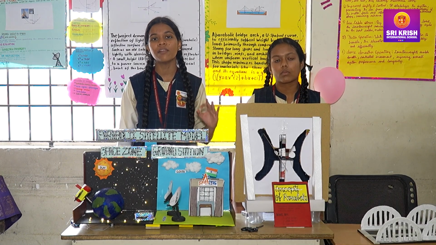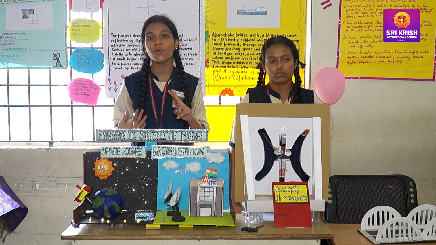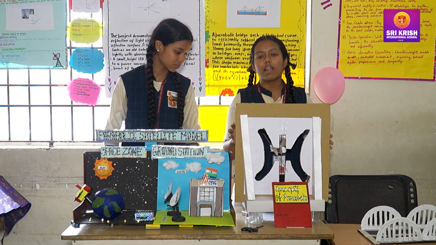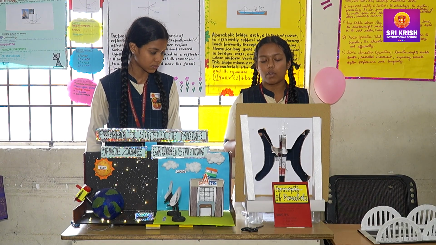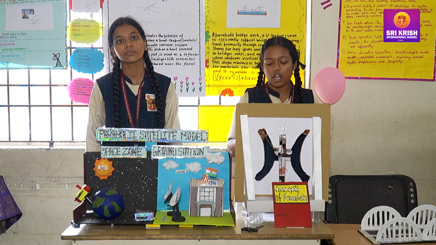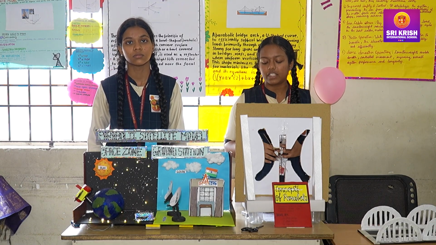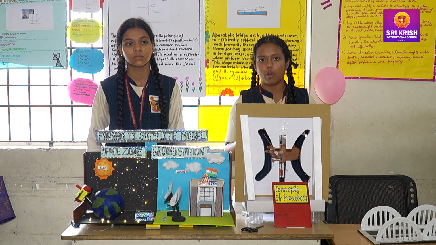To depict our model, we have three applications. The first is the satellite model, the second is the passing parabola, and the third is the parabolic bridge. Now I will explain the passing parabola. A straight bar passing parabola is a model used to demonstrate how a straight bar can pass through a parabola. It is typically used in physics to illustrate how a straight bar is manipulated to pass through a parabola.